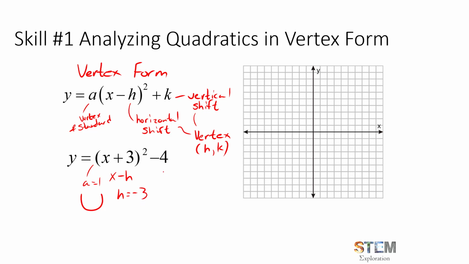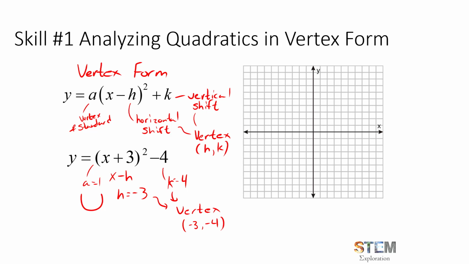And then we have a k value of negative 4, so there's a downward shift of 4. Combining these two pieces of information, the vertex of this parabola is negative 3 comma negative 4.